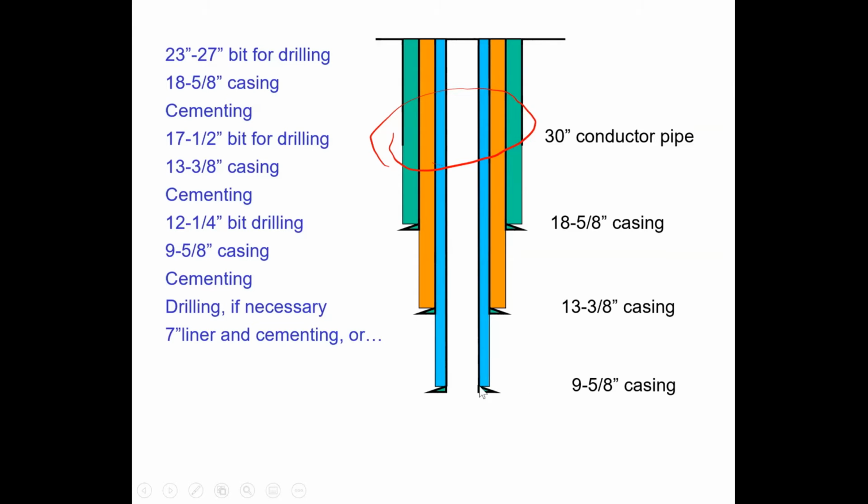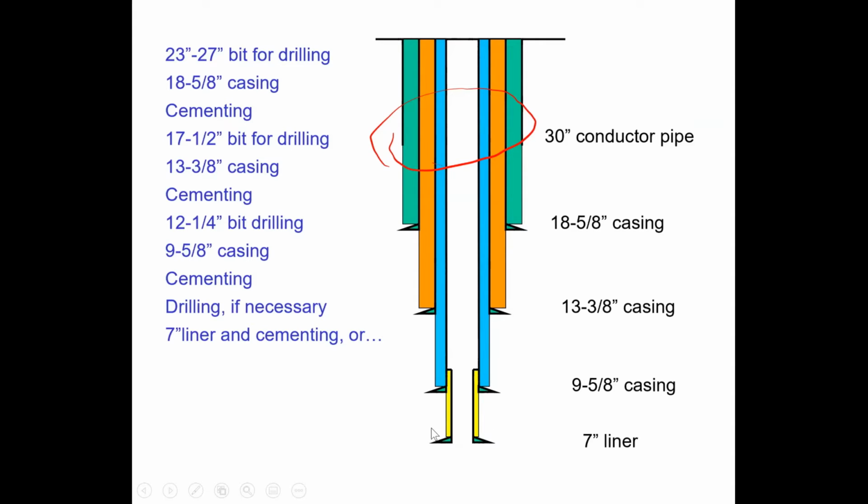Before cementing, we run a lot of logs to see how much oil we have, how much gas we have. And then sometimes it's necessary to drill more, then we can run deeper with an 8.5 bit, and then run what is called a liner.